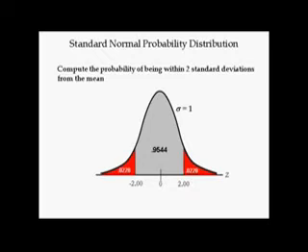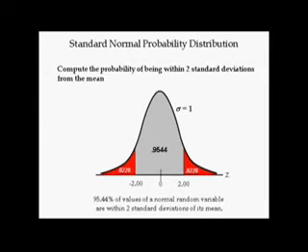Using the complement rule again, the probability of being inside the tails is equal to 1 minus 0.0456, which equals 0.9544. Hence, 95.44% of values of a normal random variable are within 2 standard deviations of its mean.